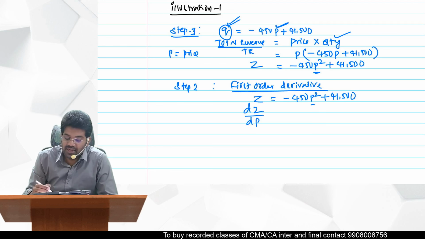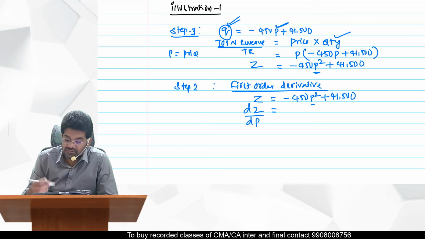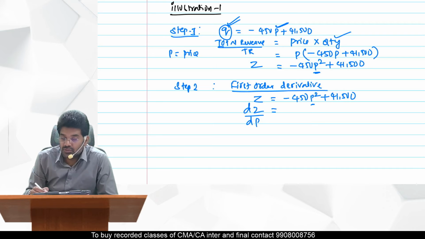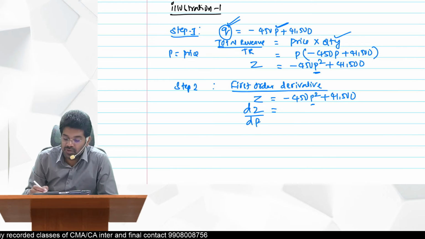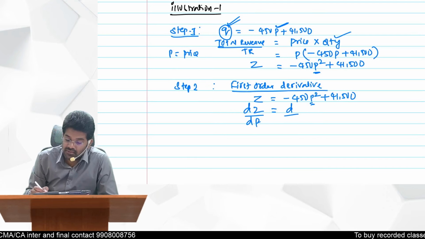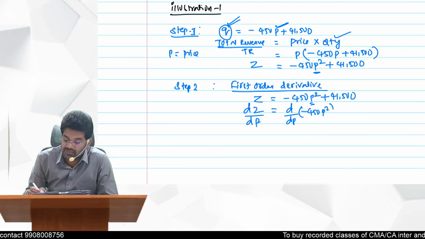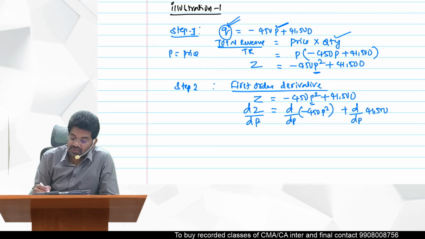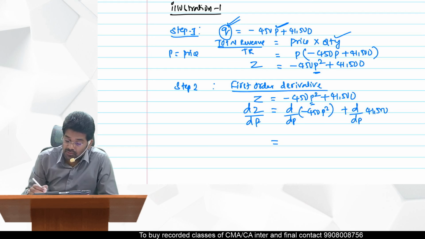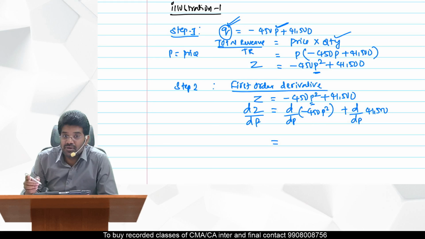So dz by dp is equal to minus 450 into p square. Tell me now, it is like x power n. With respect to p only we are differentiating now. So d by dp of minus 450 p square plus d by dp of 41,500. This is like a into x, do you remember?